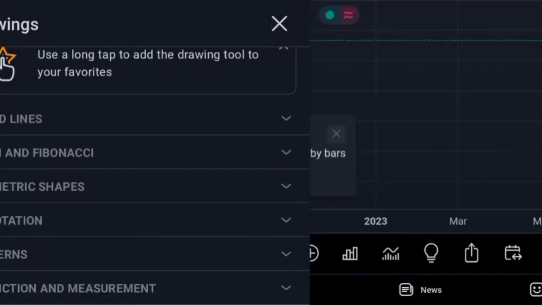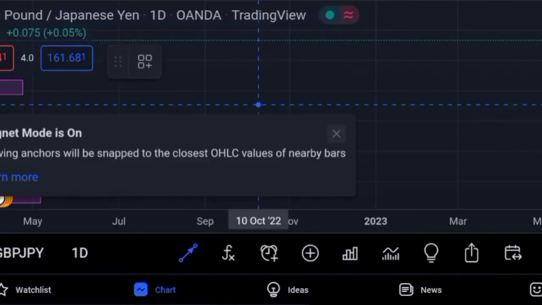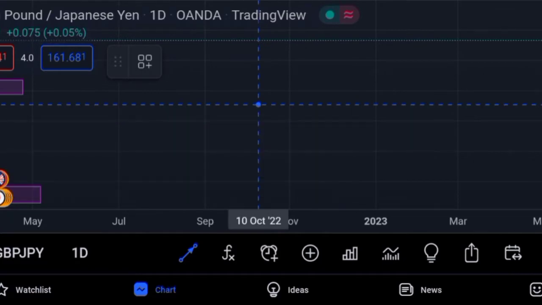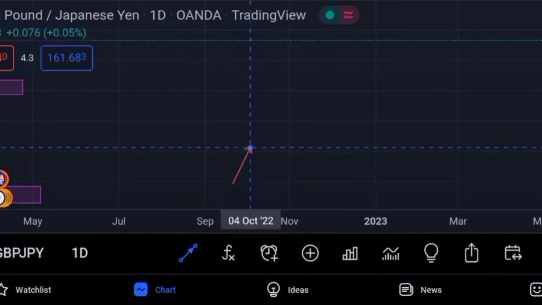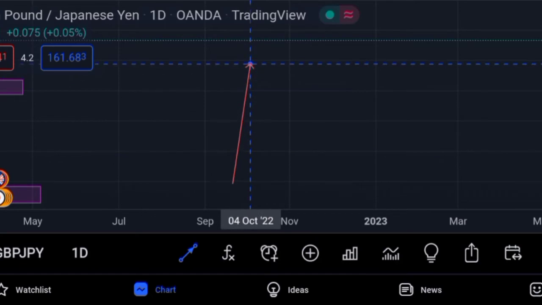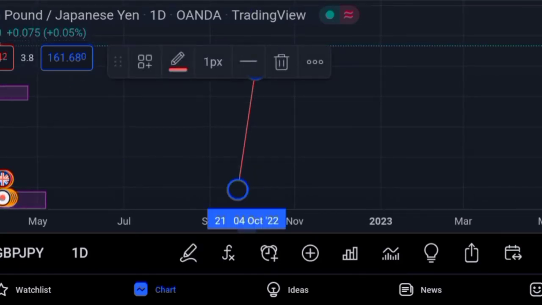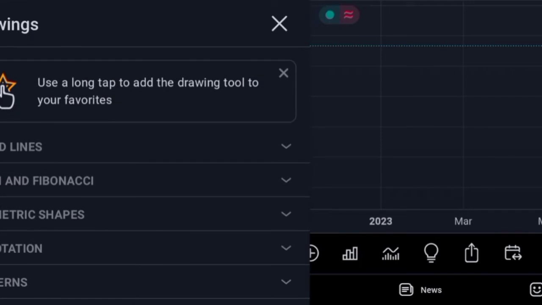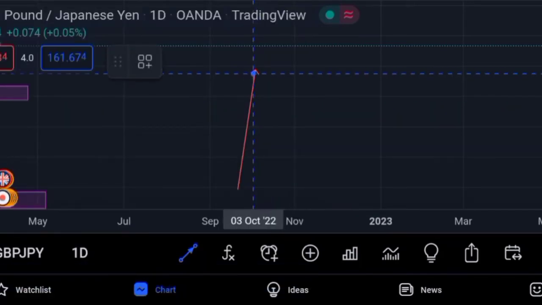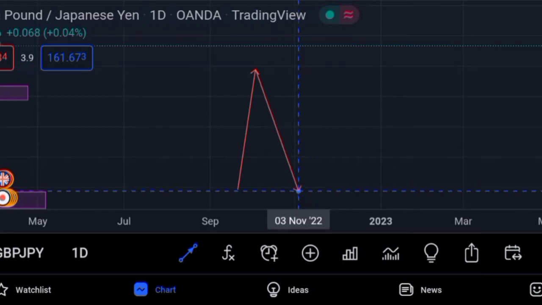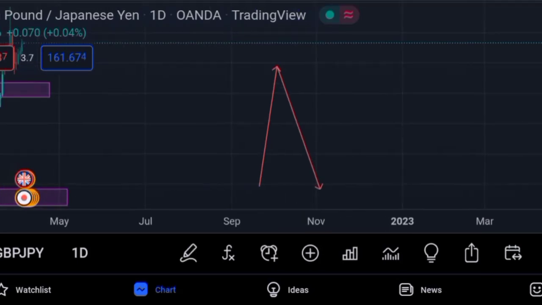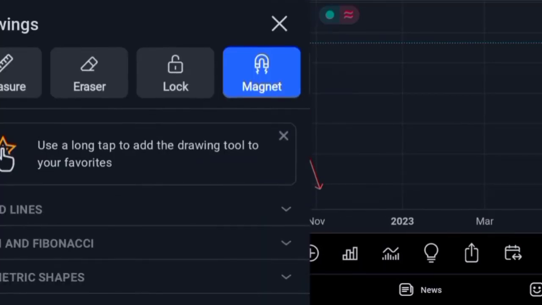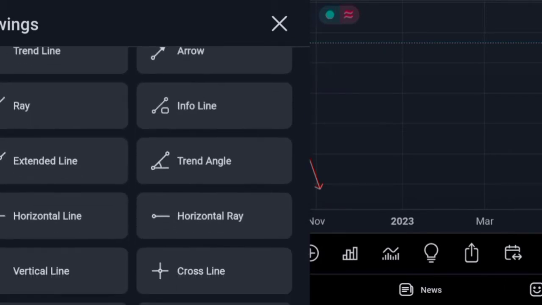Let me show you something that is really important here. This is the market, for example, and this is how it moves. Basically, this point is a point in the market that price got to, and it reversed.